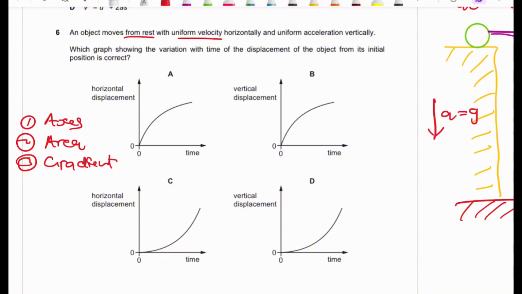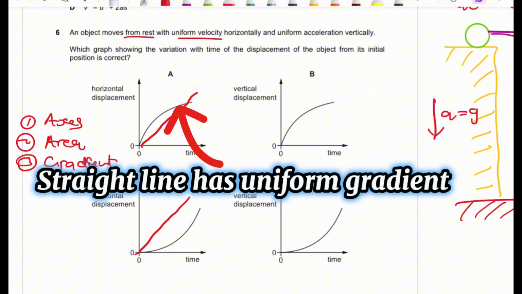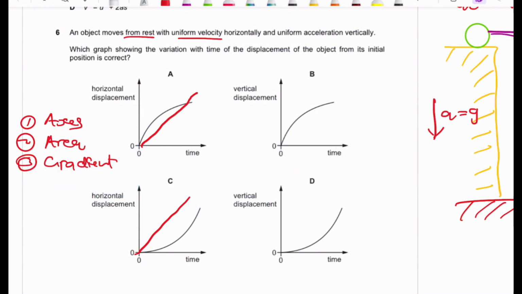So in the horizontal, I need to see a gradient like that, or a gradient like that. That's a uniform gradient, showing that velocity is uniform in that direction. But it's not like that, meaning A and C are already wrong in that regard. I'm left with B and D.